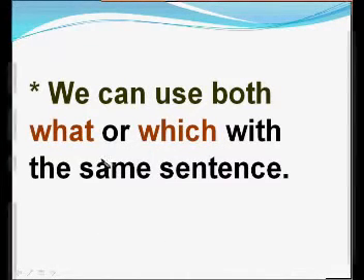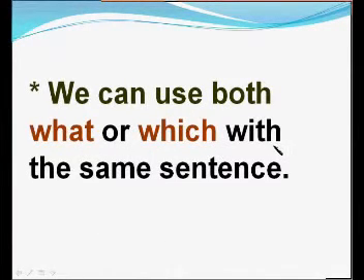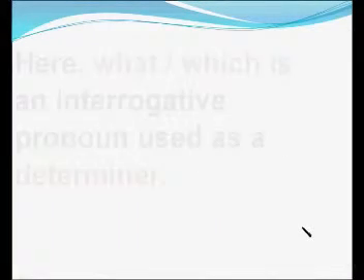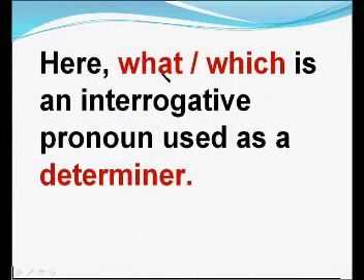We can use both what or which with the same sentence. Sometimes you can use either what or which in some sentences. And here, what and which is an interrogative pronoun used as a determiner. We'll see what that means in a moment.